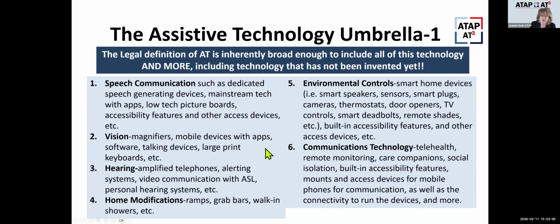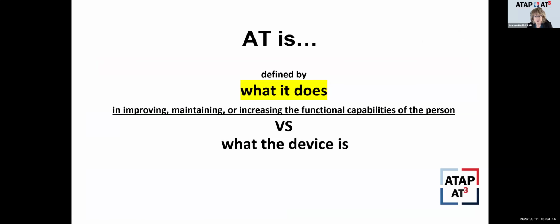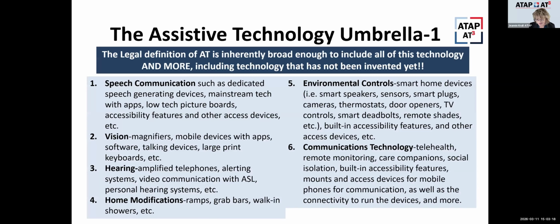And if you're from the ATAP programs, these are different than the 10 categories that we keep data on. We've expanded these a little bit to really show how big assistive technology is. And there's a second page.